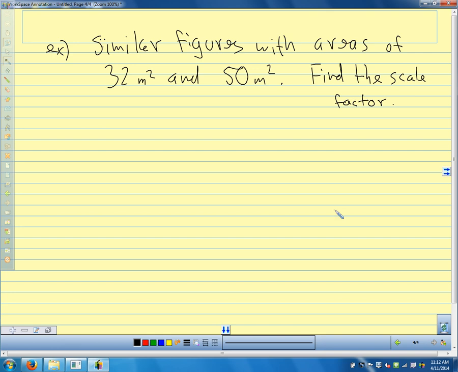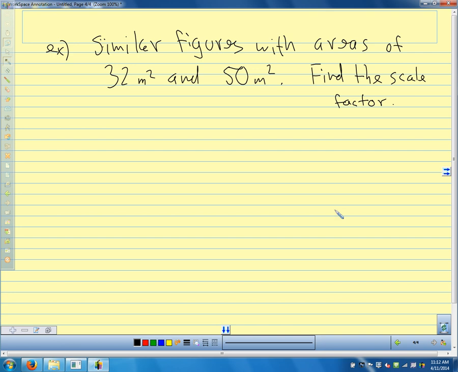Now thinking back to what we said right at the beginning, what's another description for the scale factor? What's another way of saying the scale factor? We talked about it right at the beginning. The ratio of the sides.